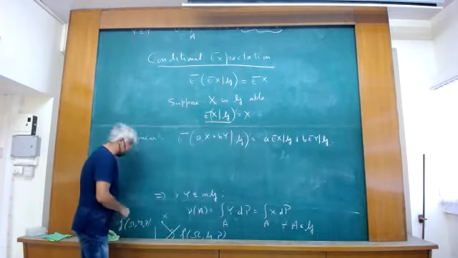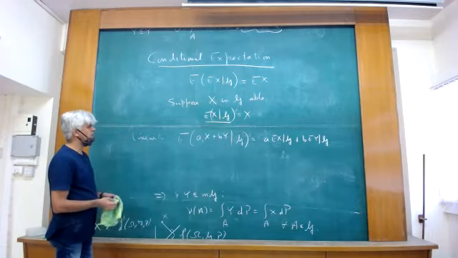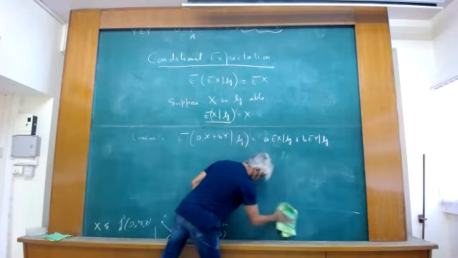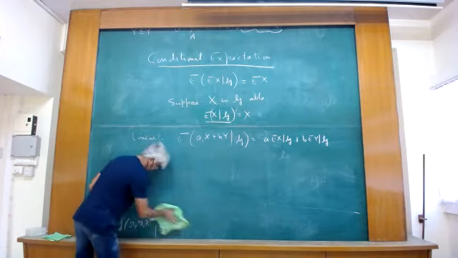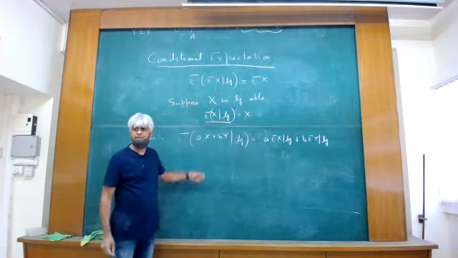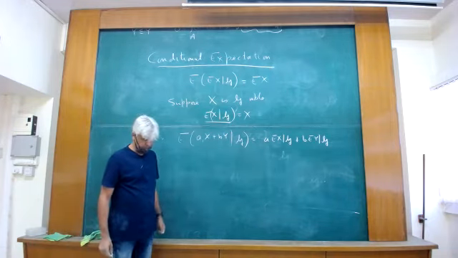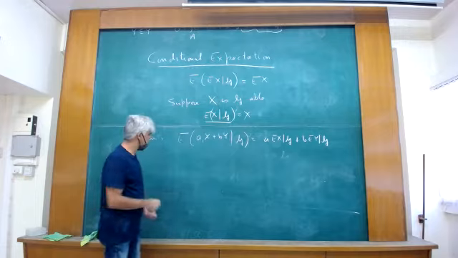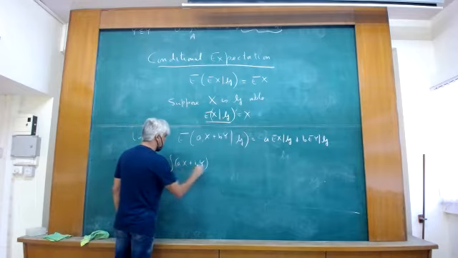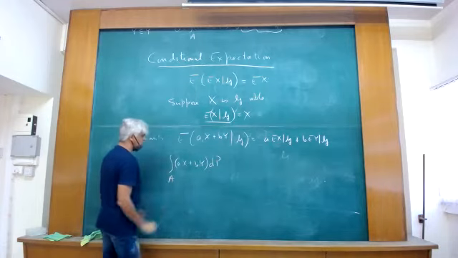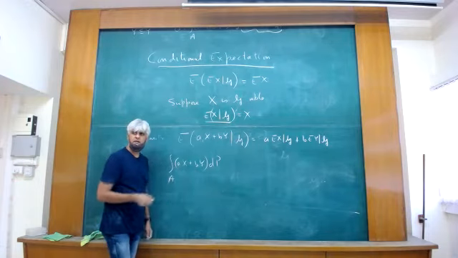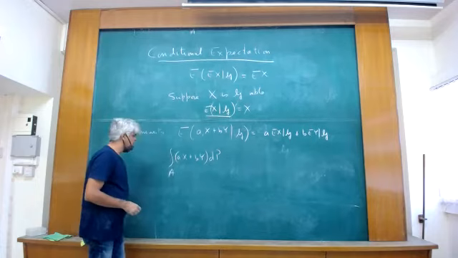The right-hand side satisfies the integral equality: the integral of aX plus bY dP over a G measurable set equals a times the integral of X dP plus b times the integral of Y dP.